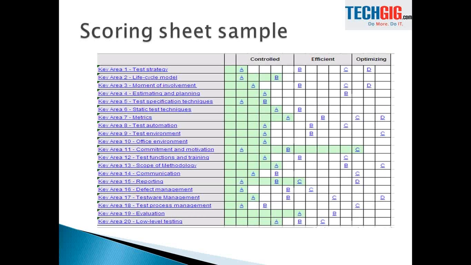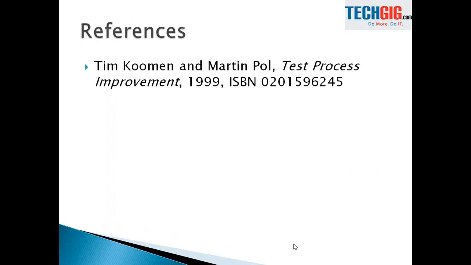It may be either X or Y or blank. This is a sample of a scoring sheet of a particular organization. And this model has been written by two gentlemen by name Tim Kuman and Martin Paul in the year 1999.